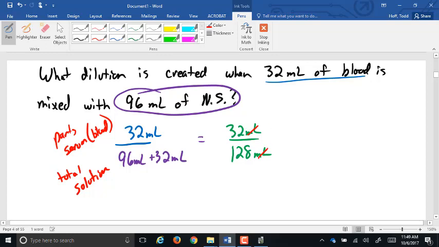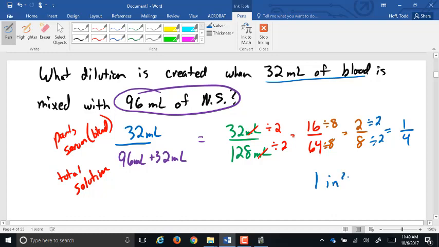Now the milliliters cancel out. What can both of those be reduced by? 2 right away, you can see, right? So that's 16 over 64. How about now? 4, 8. Let's do 8. 16 divided by 8 is 2. 64 divided by 8 is 8. One more step, divided by 2. So 1 out of 4. So that's a 1 in 4 dilution.